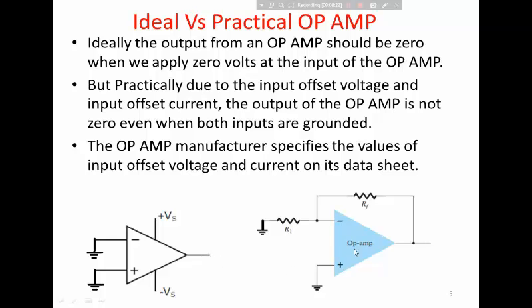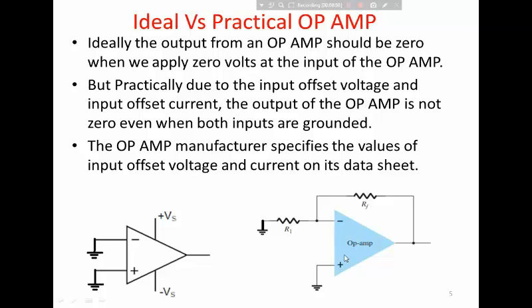Similarly, for an op-amp connected in negative feedback, if you apply 0 input at either terminal, whether it is an inverting amplifier or a non-inverting amplifier, it should produce an output equal to 0. Whatever the gain of this inverting or non-inverting amplifier is, output should be 0 for input to be 0.